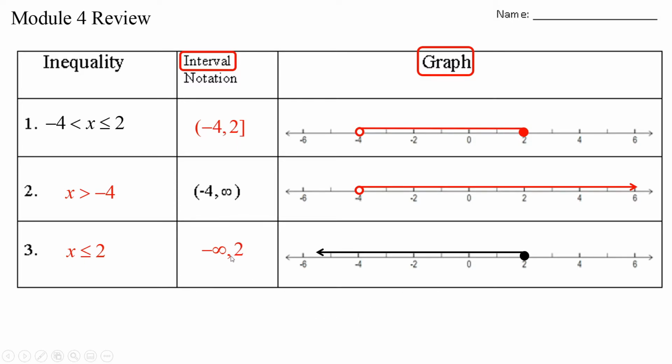Okay, now you think parenthesis or bracket. On the left, since I can never reach -infinity, I have to go parenthesis. And on the right, well, that's closed right there. There's also an equals right there. So I'm going to put a bracket on the 2. And that's called a half open interval where x can't equal 2. And there's our first slide right there.